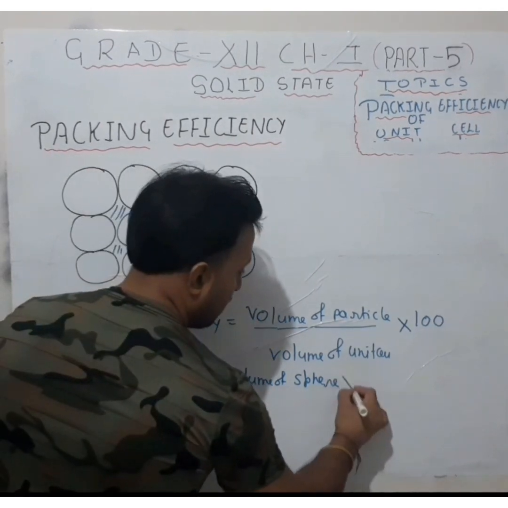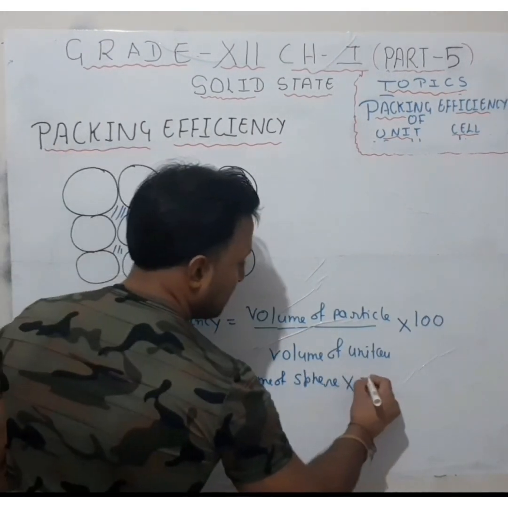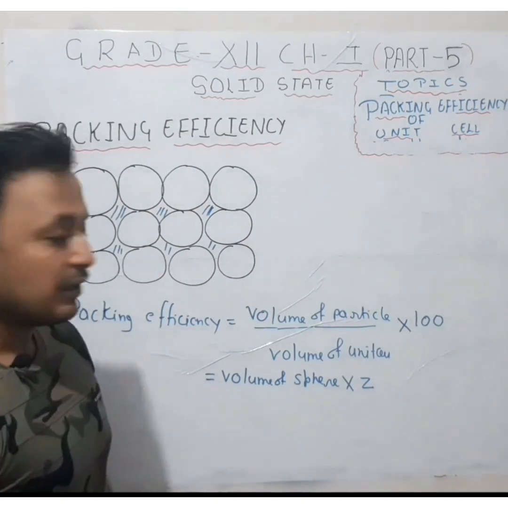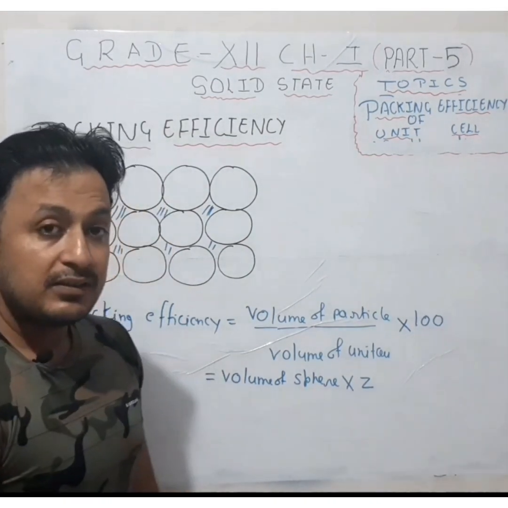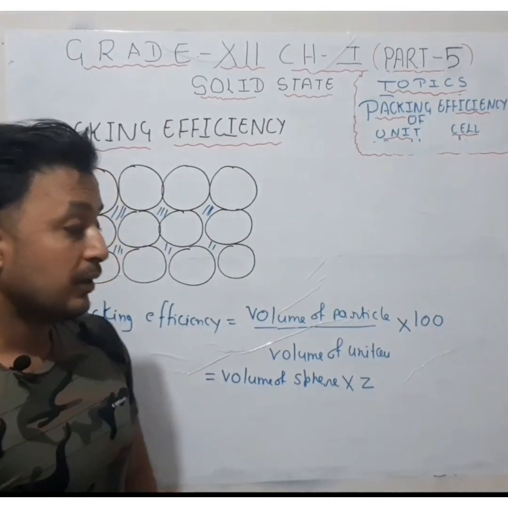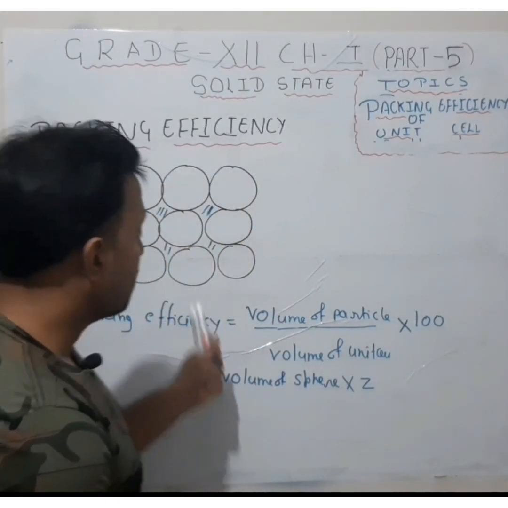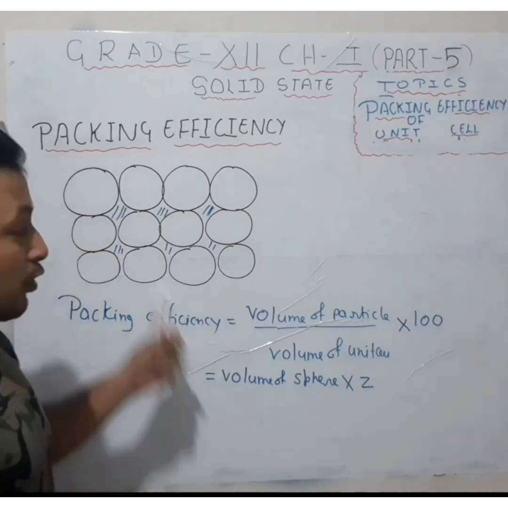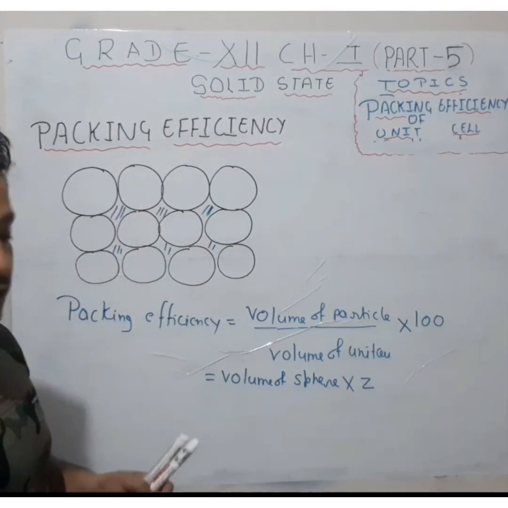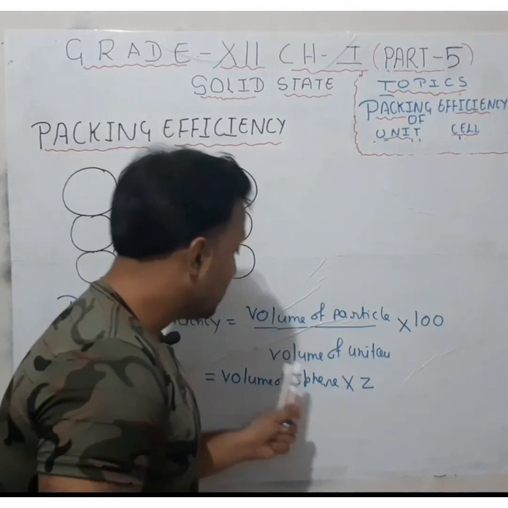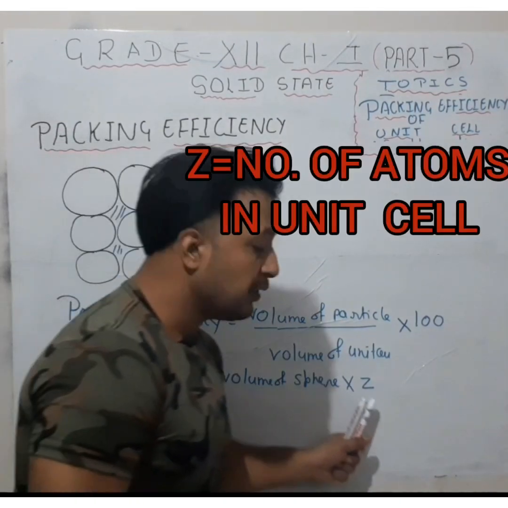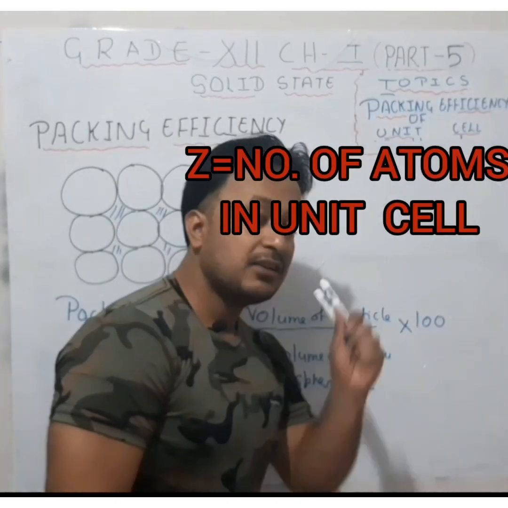Then one more thing is there, multiplied by Z. What is the meaning of this Z? Z means the number of atoms in a specific unit cell, because we have different types of unit cell. So when you find the volume of the particles occupying that solid, the volume of the sphere should be multiplied by the total number of atoms present in that specific unit cell.